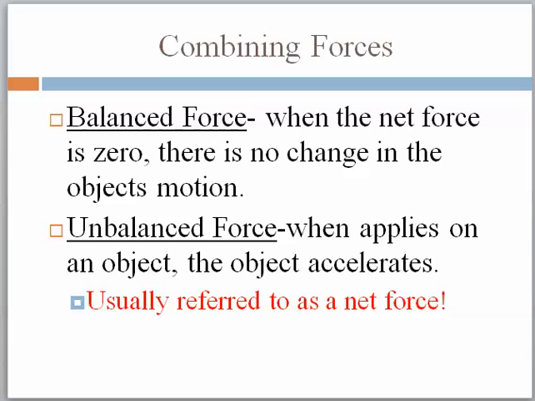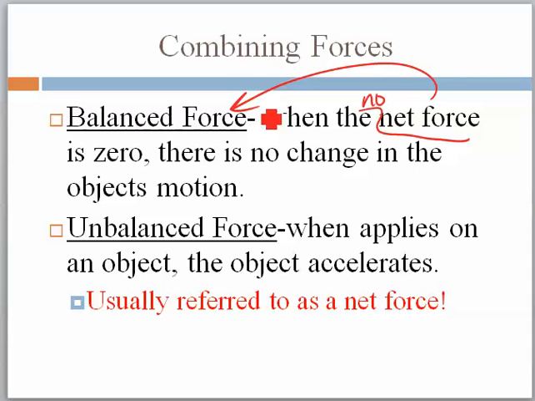Other situations we need to talk about here is when we combine forces. A balanced force. Alright, this is when we use the net force. Quite often we'll say there's no net force. If we say there's no net force, that means the forces are balanced, meaning however much force you're pushing with, the object or somebody else or something is pushing back with that exact same amount of force.